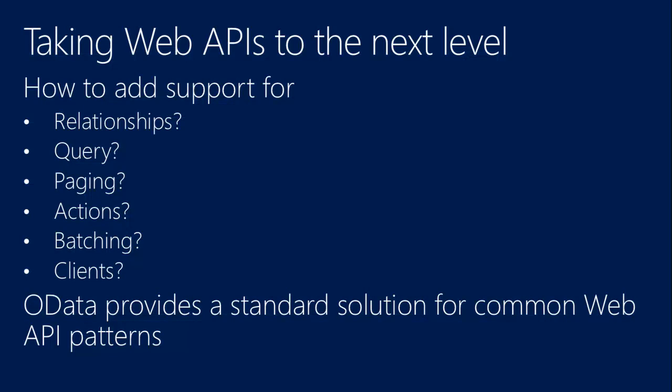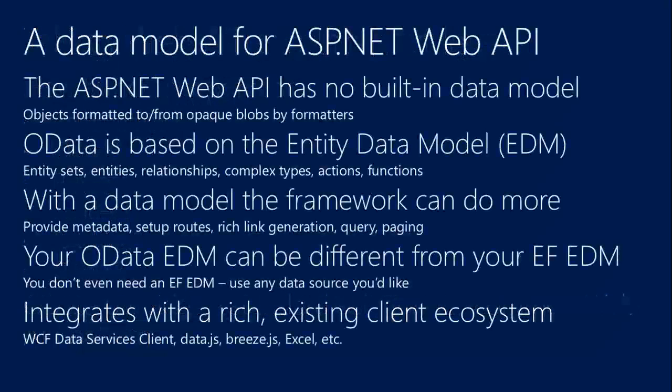Ideally, there's some uniformity that they can take advantage of so that your service is easier to consume. More clients will have an easier time consuming your service. You get better reach. OData provides a standard solution for all of these very common web API patterns and problems.